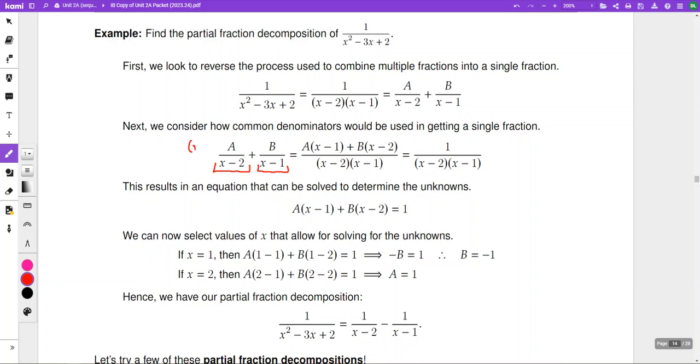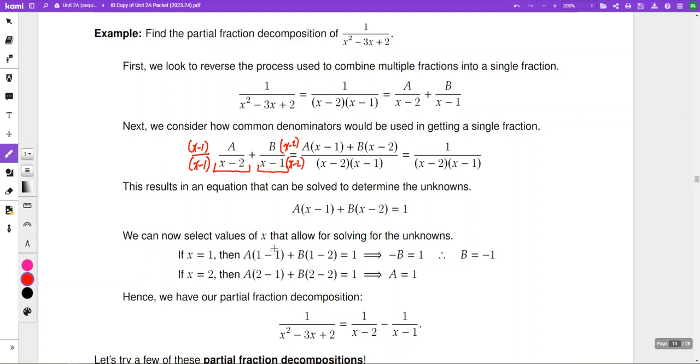Because really we're saying, hey, this term over here needs to be multiplied by x minus 1 over x minus 1, and this term over here needs to be multiplied by x minus 2 over x minus 2, right? So then we have a common denominator, and we're saying, hey, that this numerator needs to end up being 1. Well, if I have the denominators the same, I can set the numerators equal to each other, right?